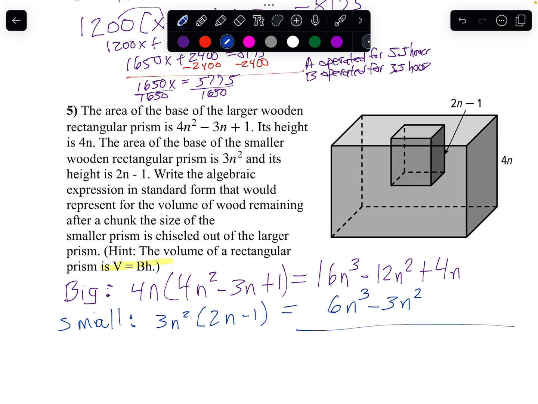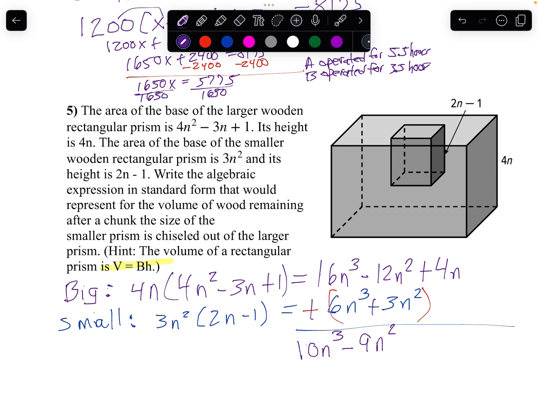Now to find what's remaining, I'm going to subtract this. So 16n cubed minus 6n cubed, well, that's 10n cubed. Negative 12n squared minus a negative is actually negative 12 plus 3, so it'll be negative 9n squared.